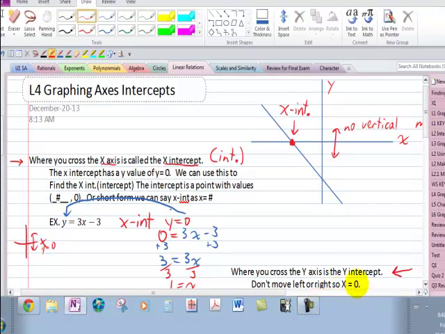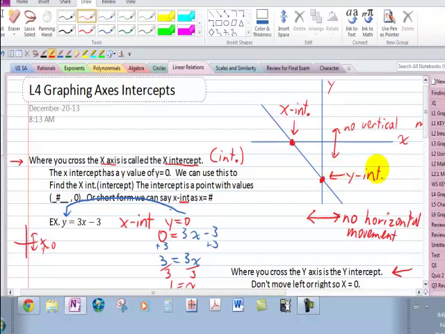For this one, we do not move left or right. So there's no horizontal movement. And so the point right here, that is your y-intercept for this line.